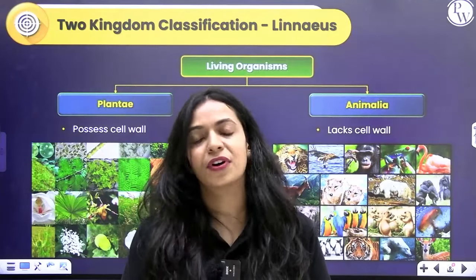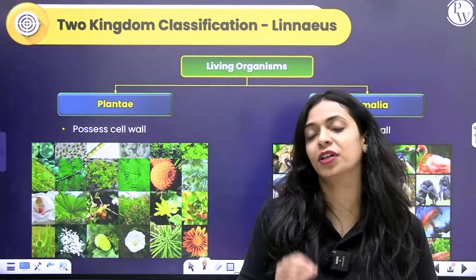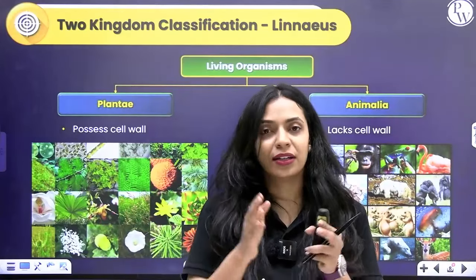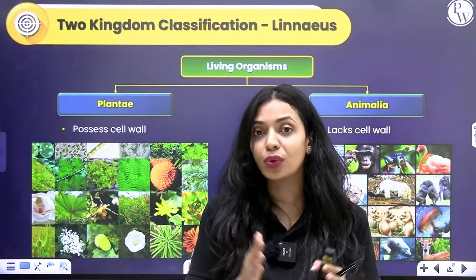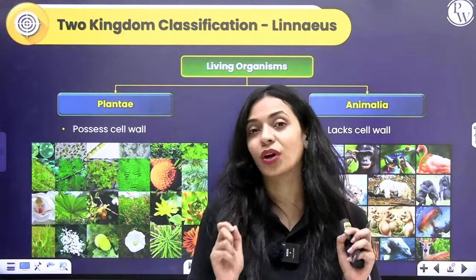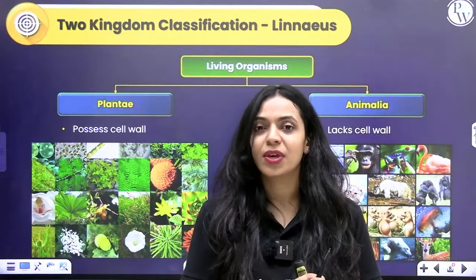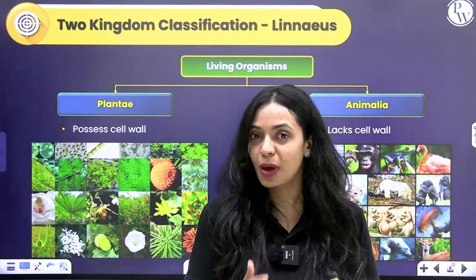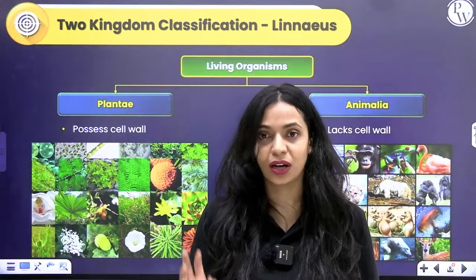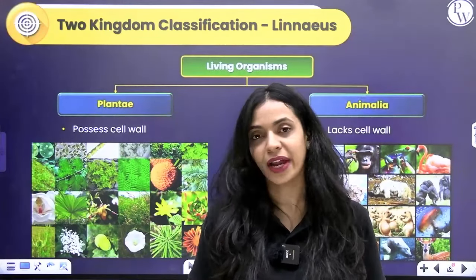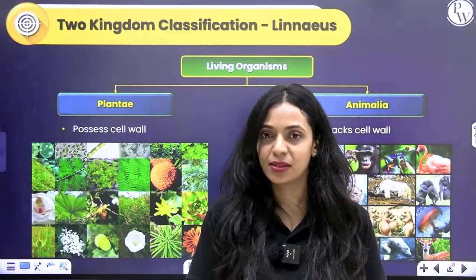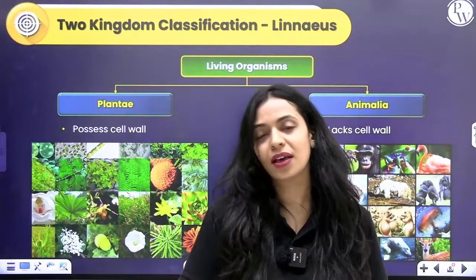So he is the first person to have grouped living organisms into 2 distinct groups, 2 distinct categories or 2 distinct kingdoms. Now, what is a kingdom here? Kingdom is one of the taxonomic categories we've learnt about in the previous chapter. Remember, we learnt about kingdom, phylum, class, order, family, genus, species, all of that. So it's the same kingdom that we're talking about here. It's a group of organisms that have some similarities, okay?